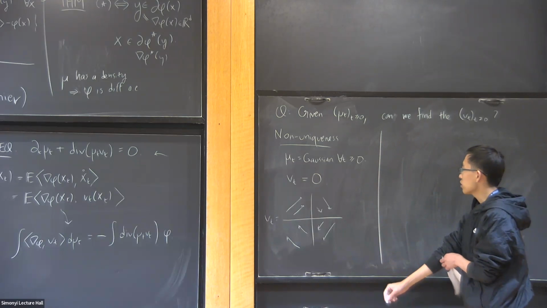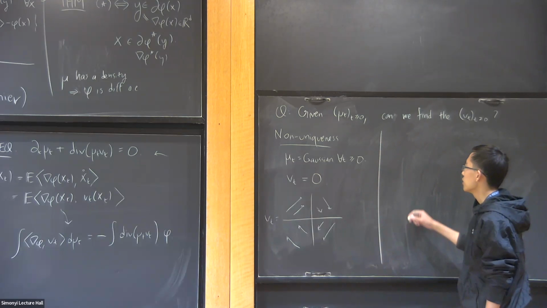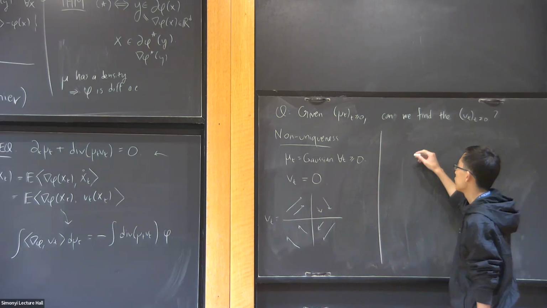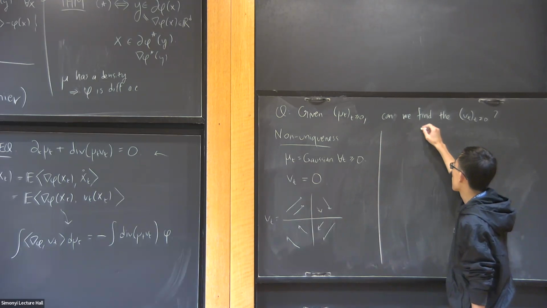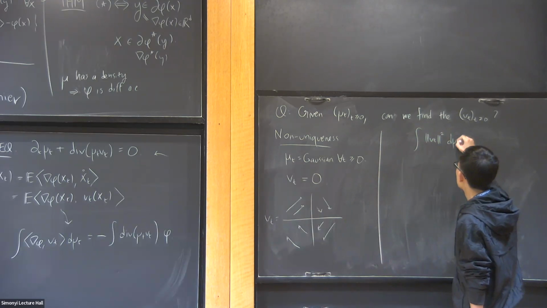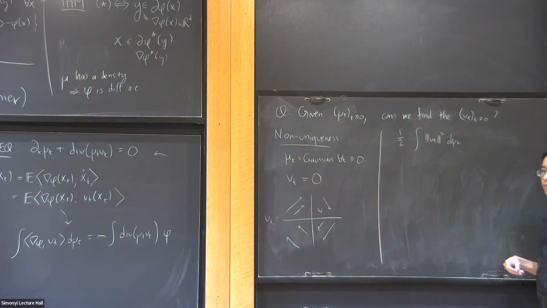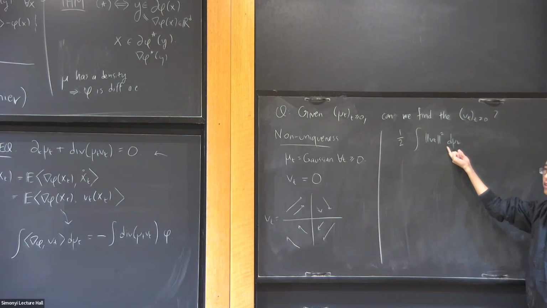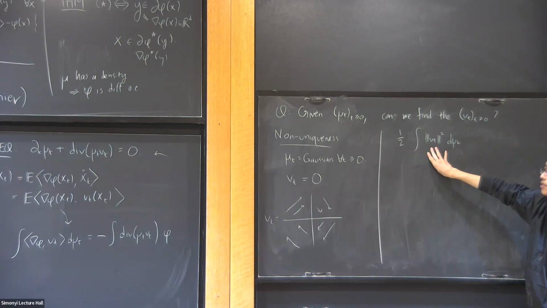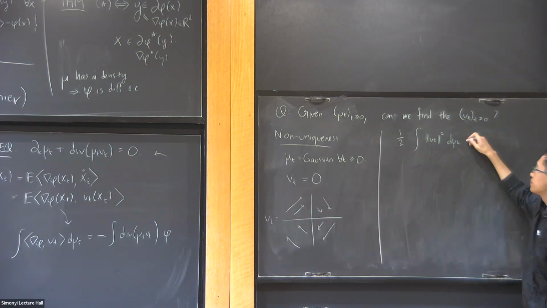So the physical principle that underlies this is that given a vector field Vt, what is this quantity? This is the squared norm of the velocity times the mass density, and then I integrate over all of space. So mass times velocity squared, that's called the kinetic energy, right?